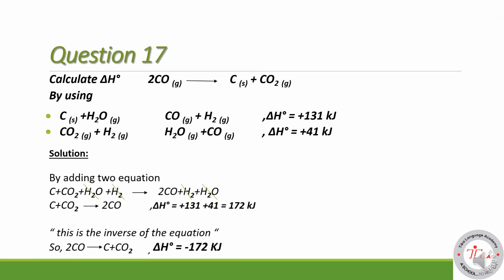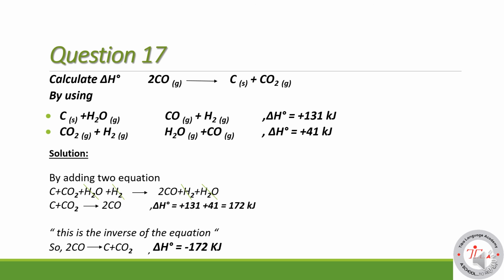Question 17. Calculate delta H of 2 mole of CO producing C plus CO2 by using these two equations. To solve this, we must use Hess's law. By adding the two equations, C plus CO2 plus H2O plus HO, forming 2CO plus H2 plus H2O.